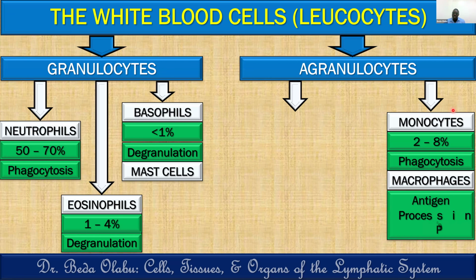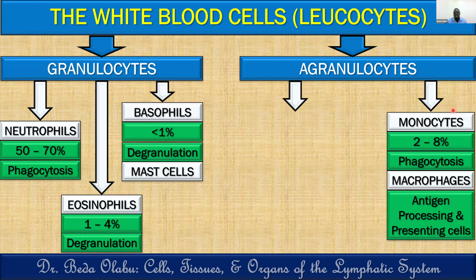Important to note is that macrophages are antigen processing and presenting cells. Their key role is to engulf the antigen. Let's consider a bacteria here to be the antigen. Engulf that bacteria, break it down, split it into smaller pieces, then present those smaller pieces to the lymphocytes.